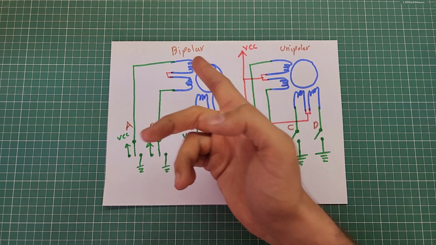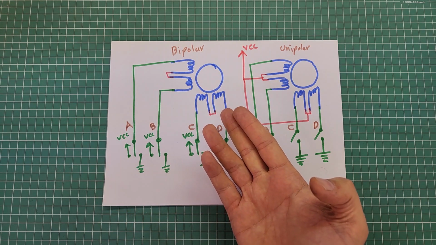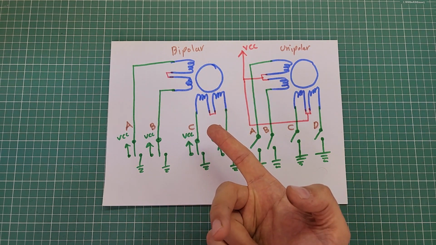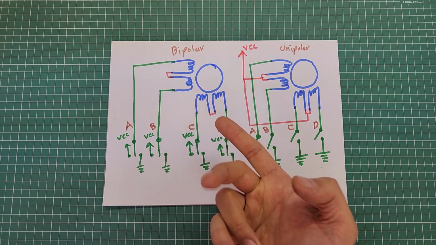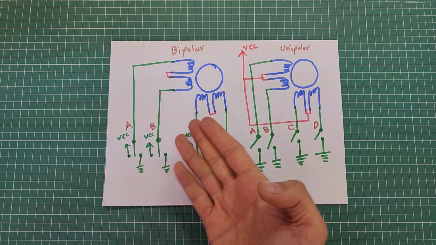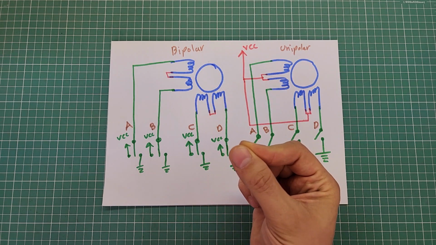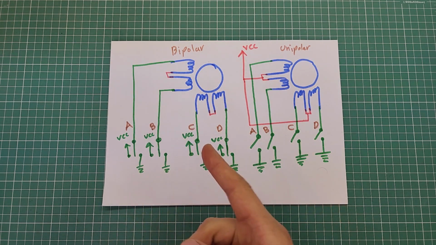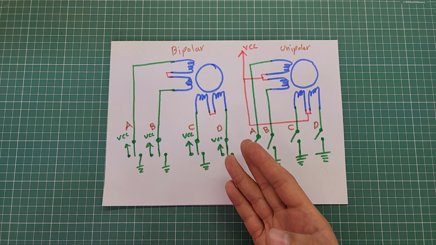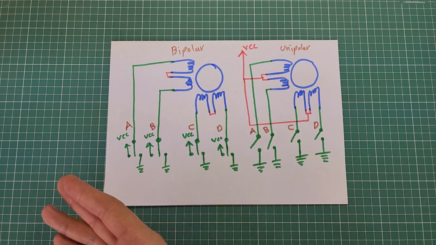But this structure is different. This is a 4-wire stepper motor or a 6-wire stepper motor, in which common wires are left in the air. In this structure, the driver is able to apply either source or ground voltages to each of A, B, C or D wires. So the direction of current can be changed in driving wires.